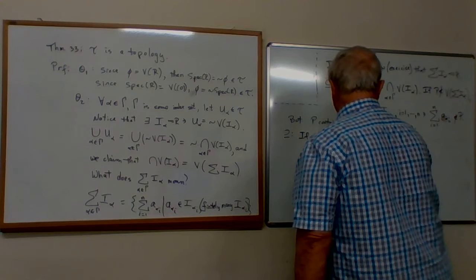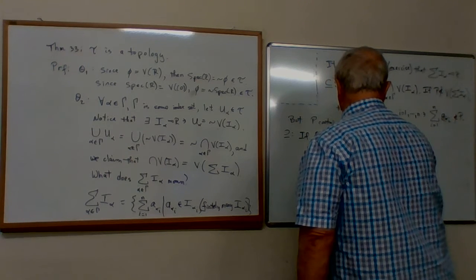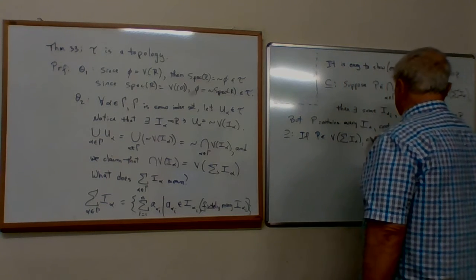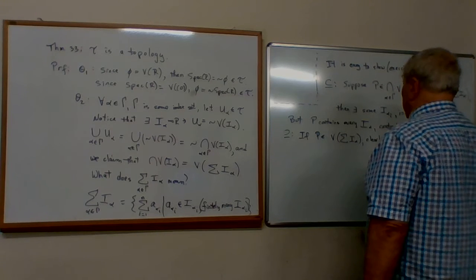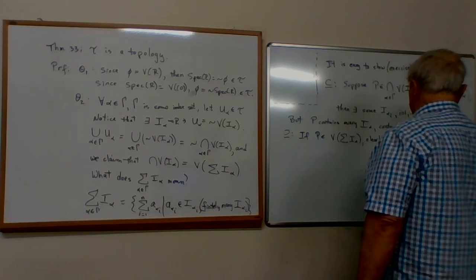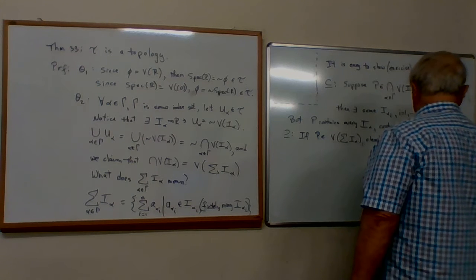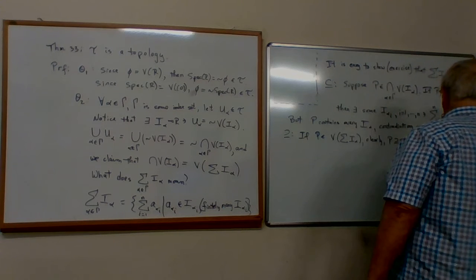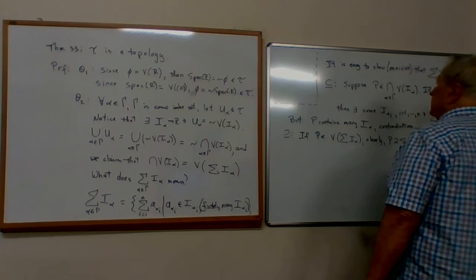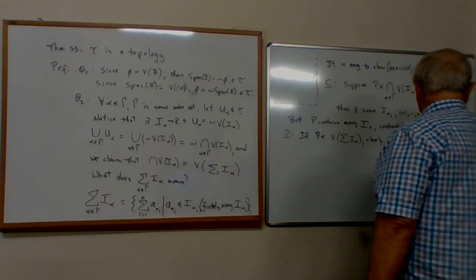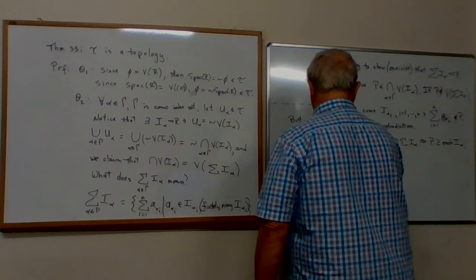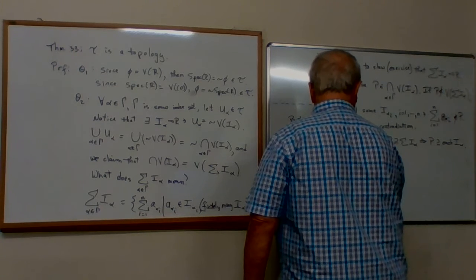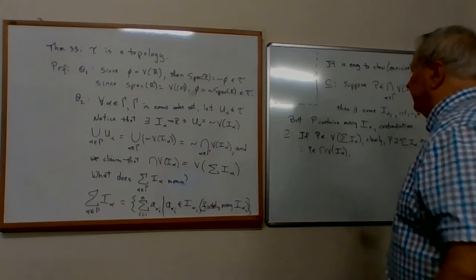If P is in V of the sum of the I sub alphas, clearly P contains that sum, which implies that P contains each I sub alpha. So P is in the intersection of all of those. Okay, so that part was easy.